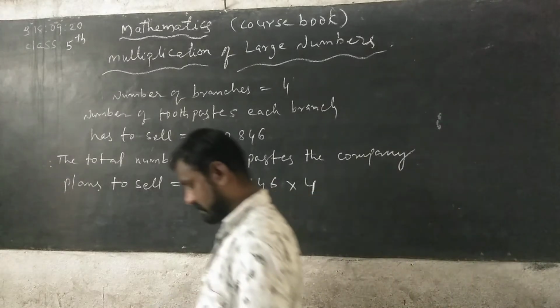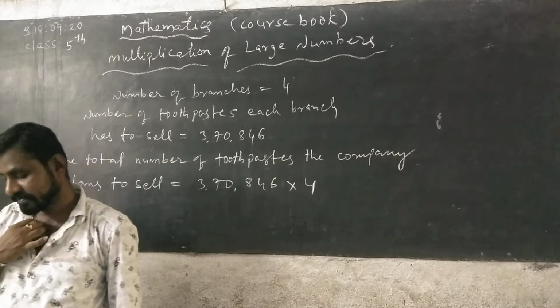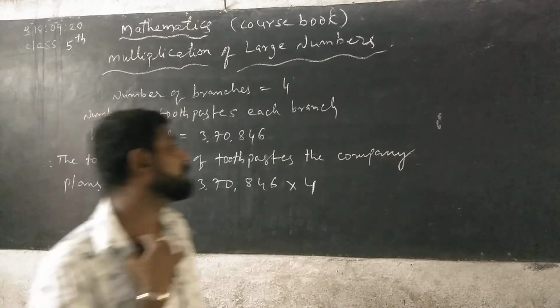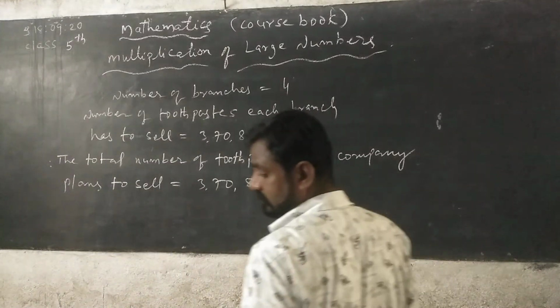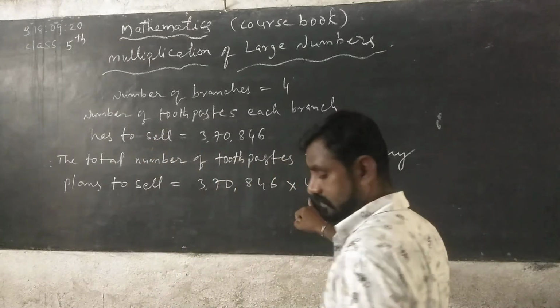Right, everybody. First we multiply the digit in ones place with 4.